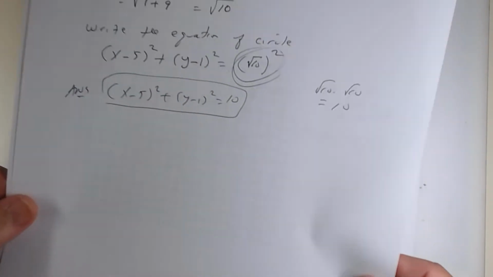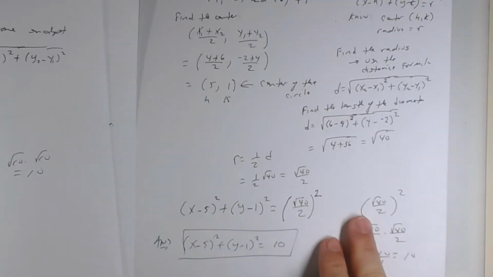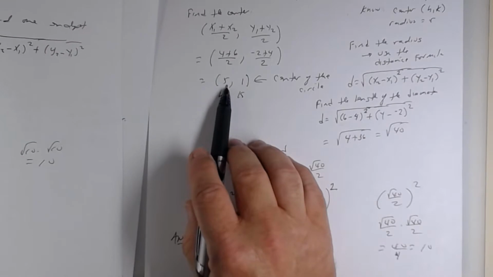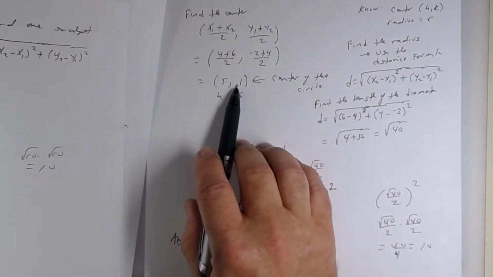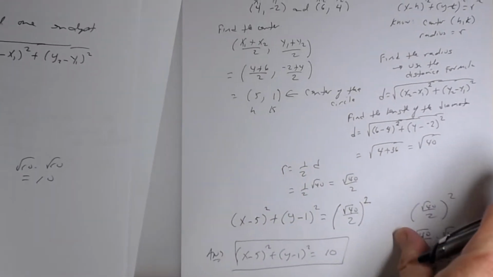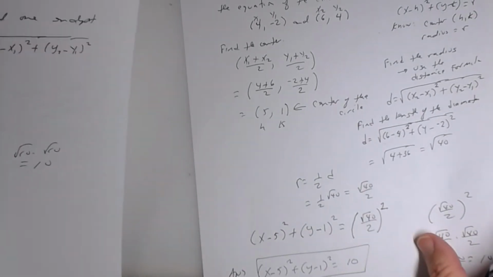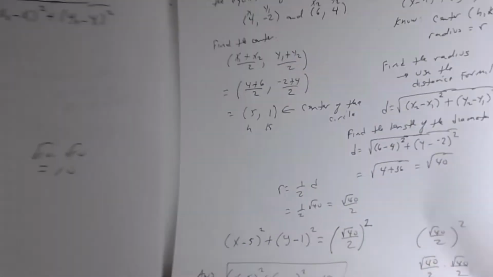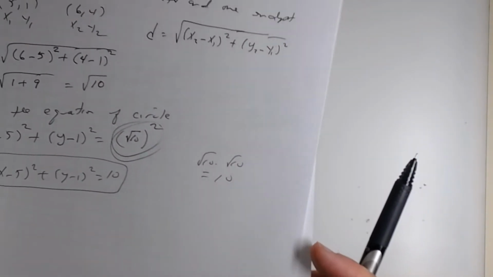So I'm going to give you 2 more problems with this on the video. In the problem that we chose here, the x and y coordinates of the center were both positive, right? Some of you on your quiz messed up in terms of finding the center. Remember, it's x minus h and y minus k.